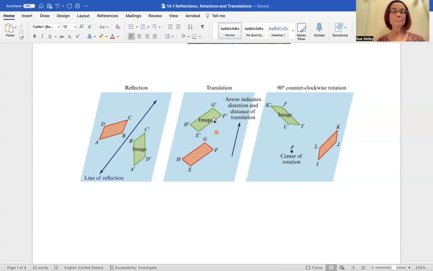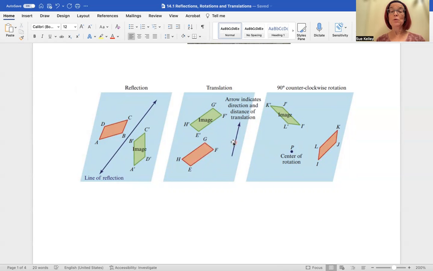All right, so for translation, in a similar way, instead of having a line of reflection, we're going to have an arrow that tells us the direction and the distance of the translation. So this arrow symbolizes how far and in what direction we're translating or moving the shape. So here we have our shape.